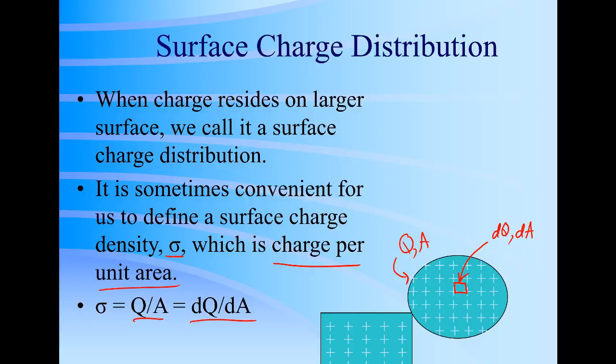And one thing to point out here is that means that the charge, which we'll use later, is equal to sigma times the area. So keep that in mind. Likewise, dq is sigma dA.